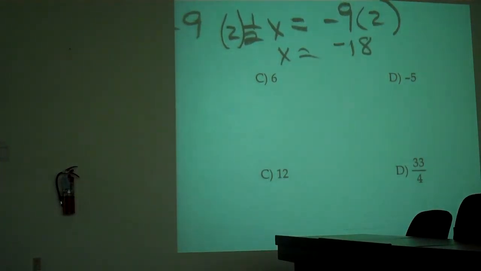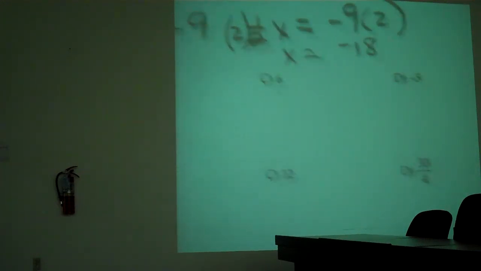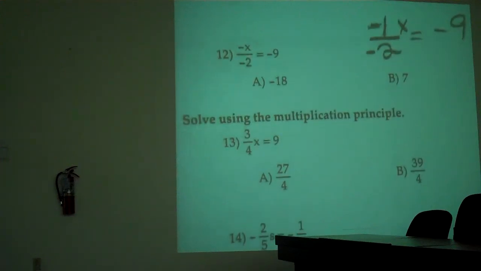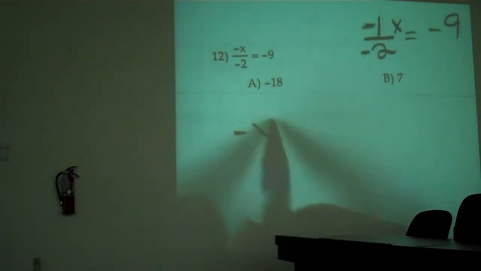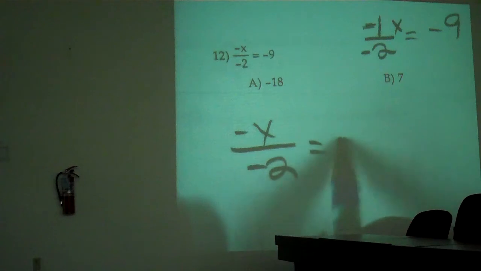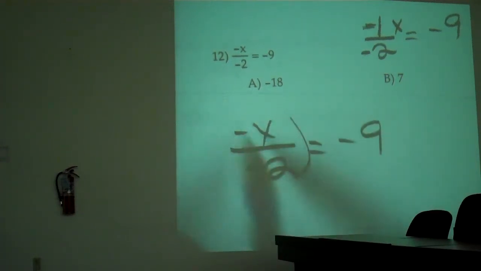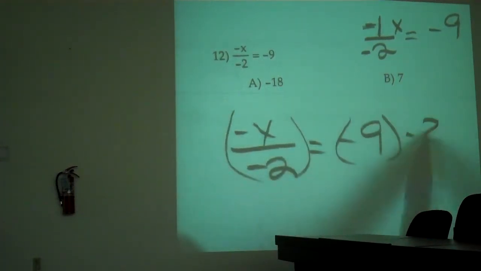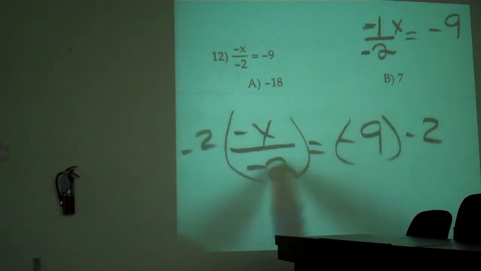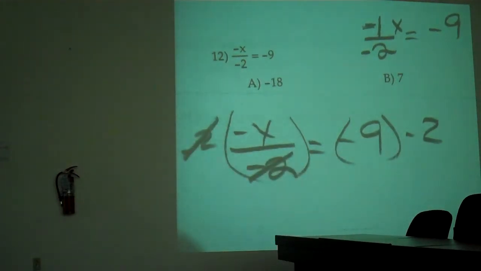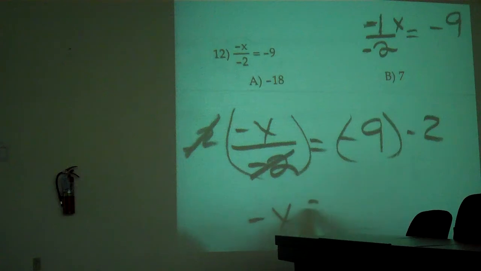The other way to look at it, get a paper here. Okay, if you want to just start, look at it like we're going to get rid of the bottom first. You want to multiply by negative 2 on both sides. Okay, that cancels. You still have a negative x. Negative times negative is positive 18.